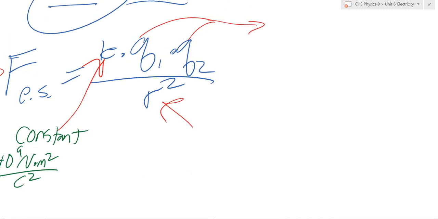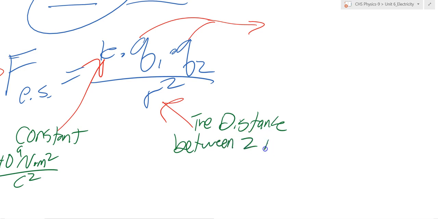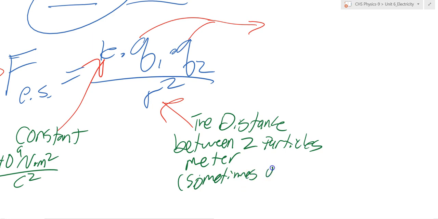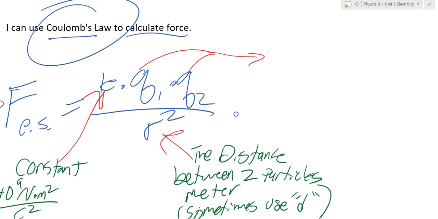R is the distance between the two particles that are in the problem, and this is in meters. I'll sometimes use D instead, because that's distance, right?